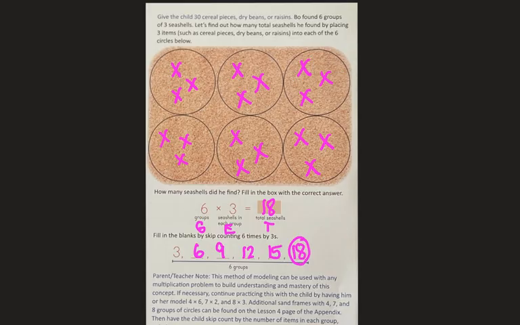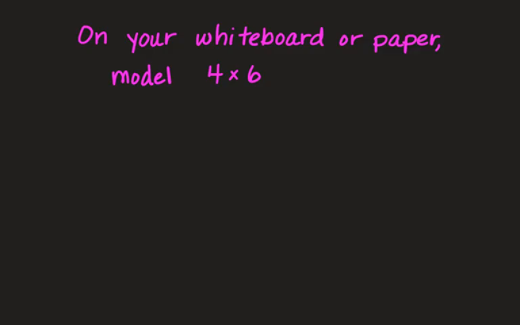Okay, now we're going to model some others. This is where you'll need either your whiteboard or your sheets of paper. On your whiteboard or paper, model 4 times 6. So this is our G. We're going to need 4 groups, and we're going to have 6 in each group. So draw your 4 circles for your groups. Then you're going to put 6 items in each circle.